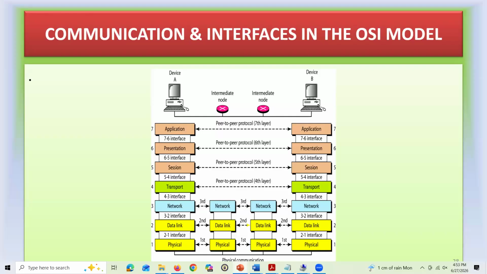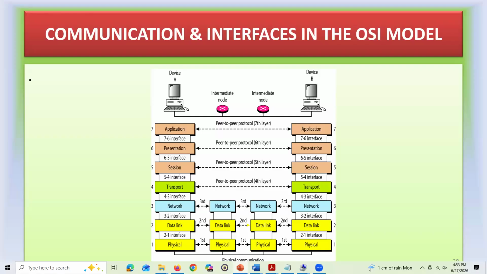The next one, data link layer. The data link layer is responsible for error detection and flow control, or the error detection and correction mechanism.